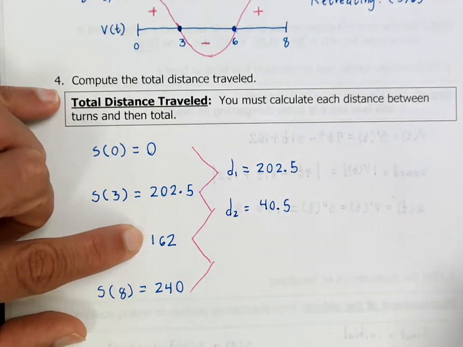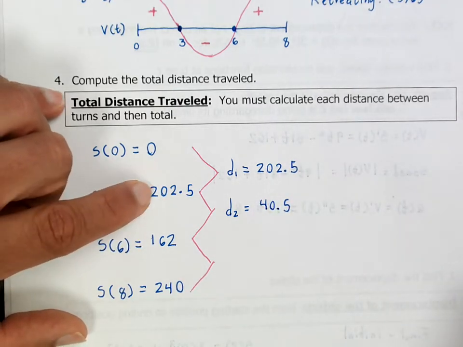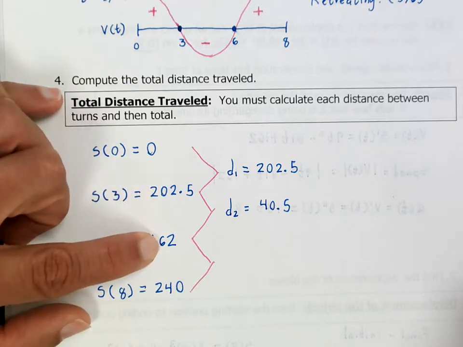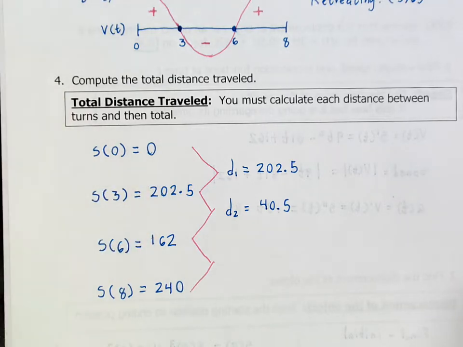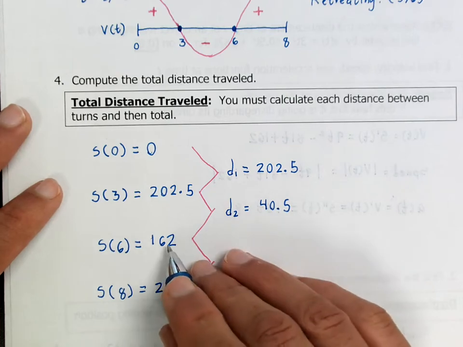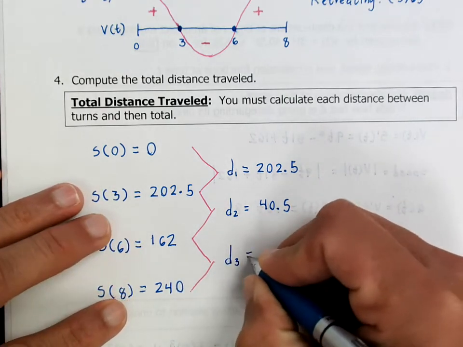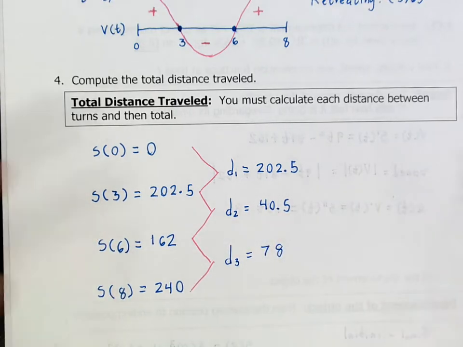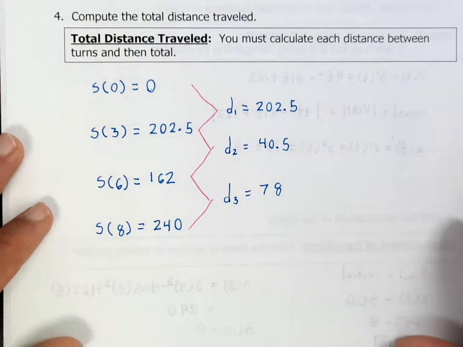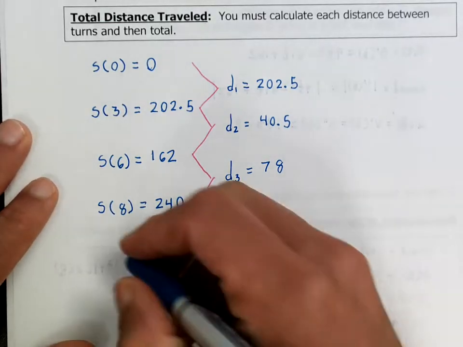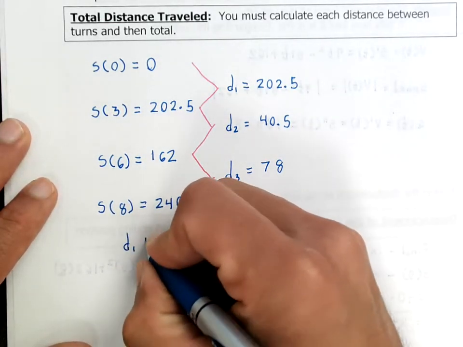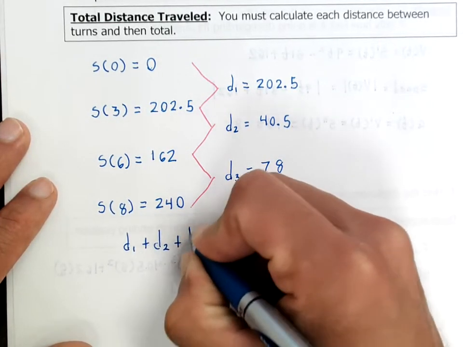I know that it went back. It was at 202.5, then it went back to 162, but the distance traveled was 40.5. And then finally, between 162 and 240, it traveled 78 meters or feet. I don't know what this is. So the total distance would be distance 1 plus distance 2 plus distance 3.